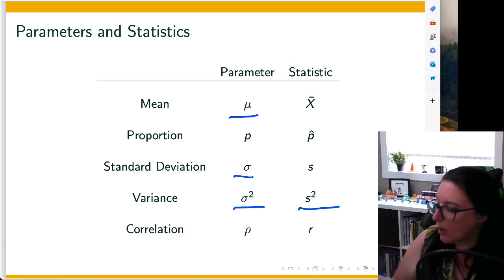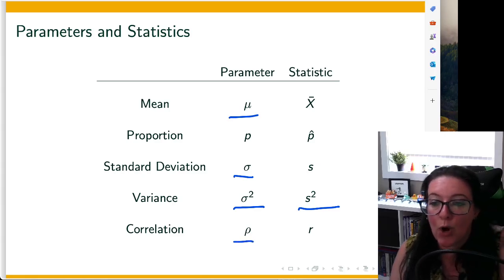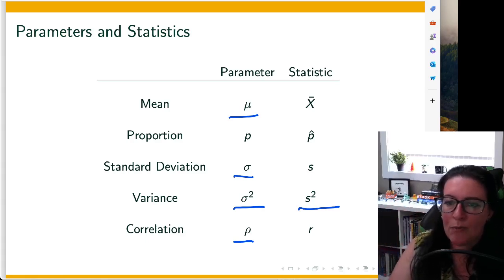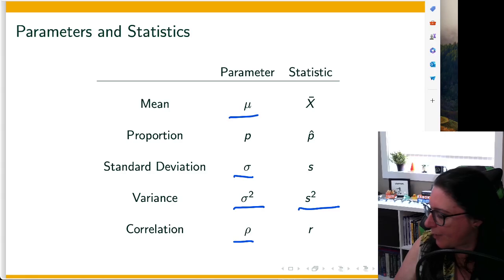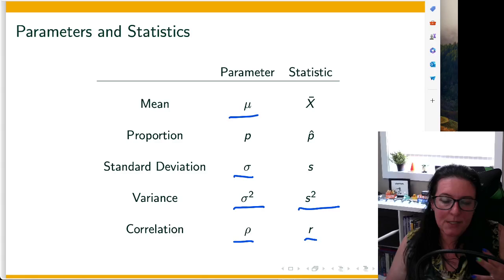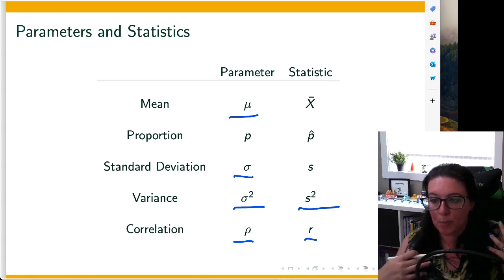When we look at correlation, for the population parameter we use the Greek symbol rho. It looks kind of like a P, but it's actually a Greek symbol. And if we're looking at the sample statistic, we use an r. So different nomenclature helps us differentiate whether we're talking about the sample or the parameter.